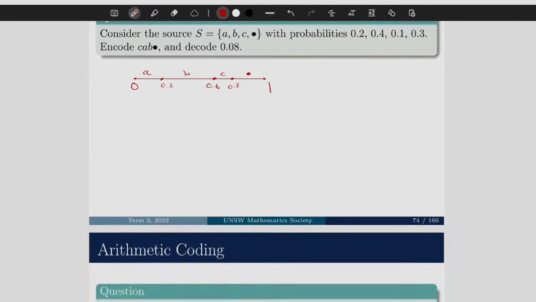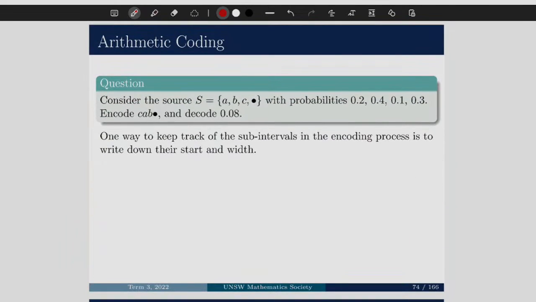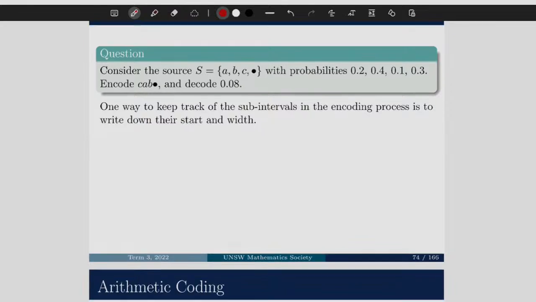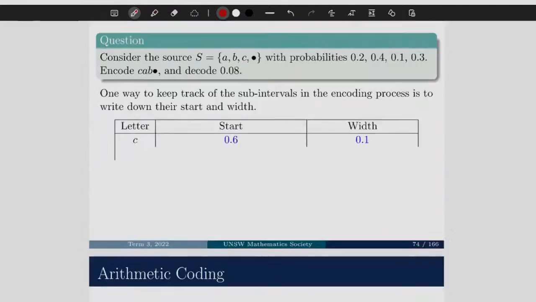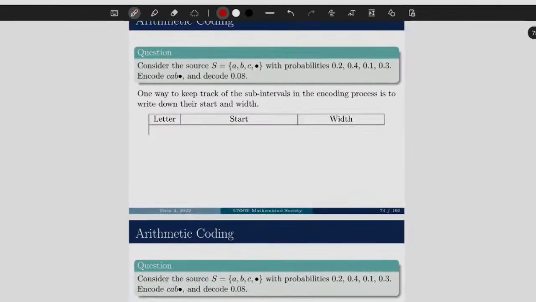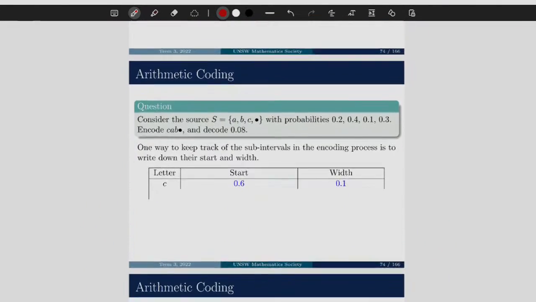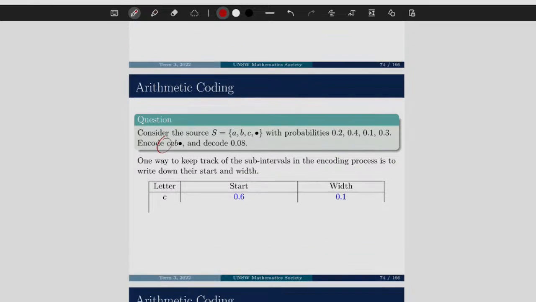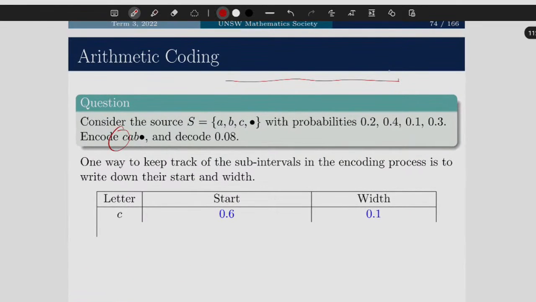We go through this one by one. To encode, you need to keep track of your start and your width. I like to make a little table for this so I can keep track of everything, and that's also how the lecture notes do it. The boundaries are 0, 0.2, 0.6, 0.7, and 1.